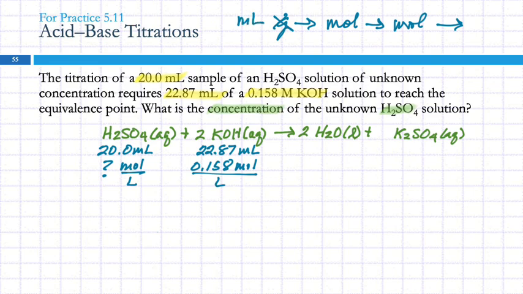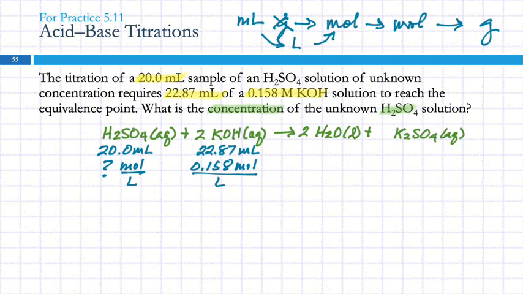Can we go directly from milliliters to moles without jumping through hoops? This gives us the relationship between moles and liters, right? So milliliters to liters to moles would be the most straightforward, a little longer, but we're not going to get lost. Oh, what happened to my grams at the end? Must have accidentally erased that.